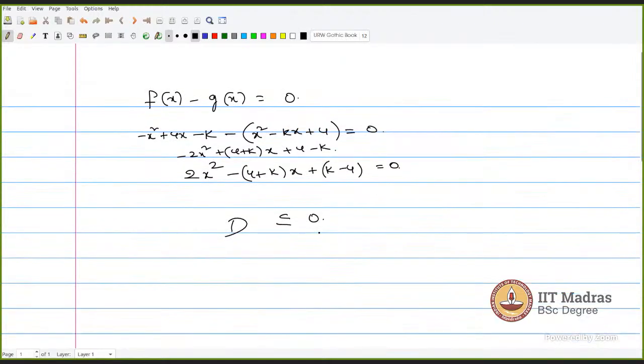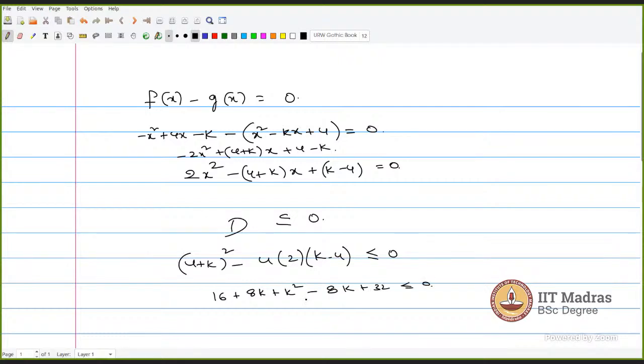Now discriminant is 4 plus k whole square minus 4 into 2 into k minus 4, should be less than or equal to 0. 16 plus 8k plus k square minus 8k plus 32 should be less than or equal to 0. k square plus 40. Am I correct? Yeah, sir, it's correct.